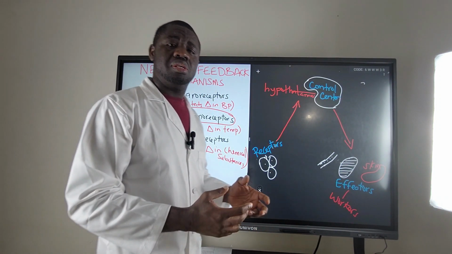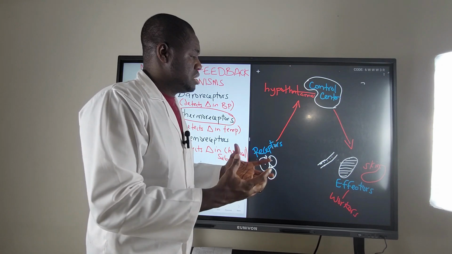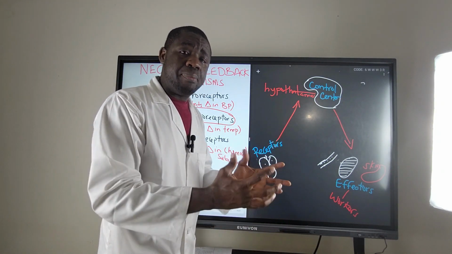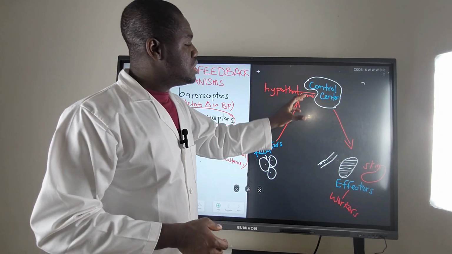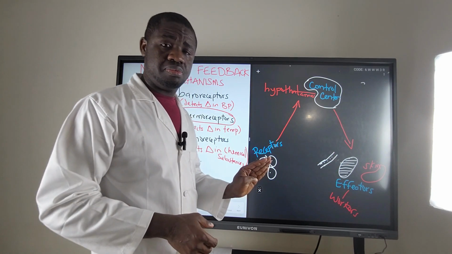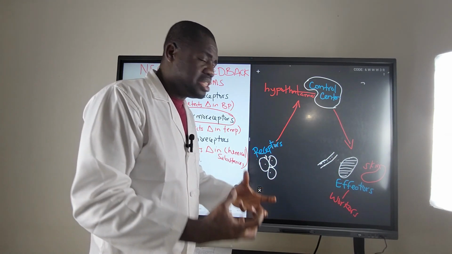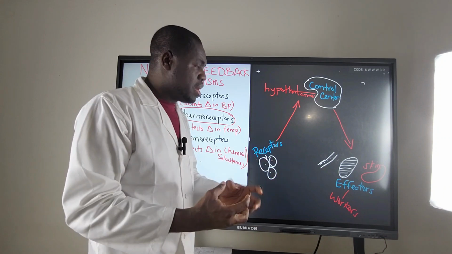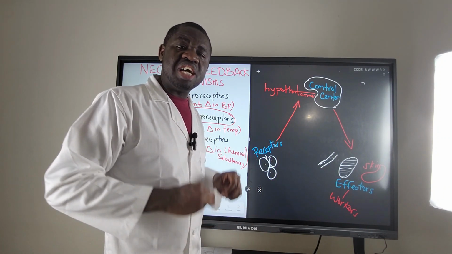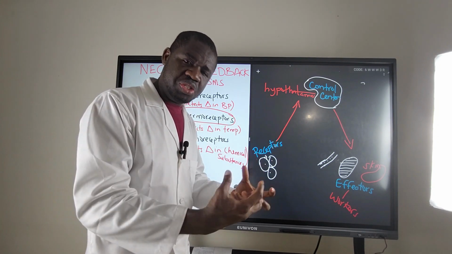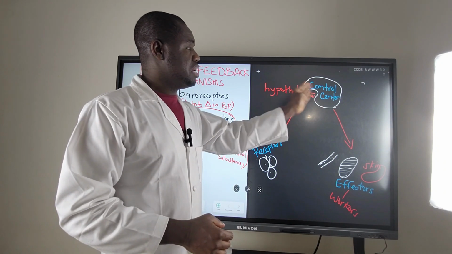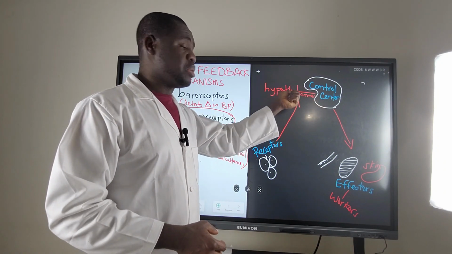So how do these changes happen? The hypothalamus sends impulses to the effectors to respond to the changes, because the effectors are responders. They respond to changes in the body under the order of the control center, which is the hypothalamus in this case.